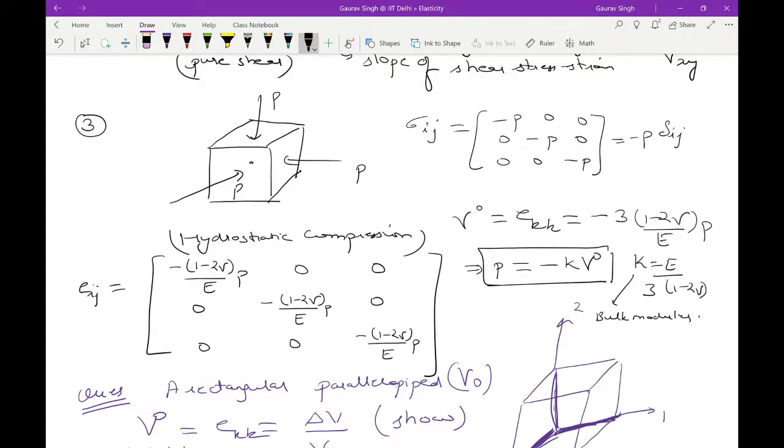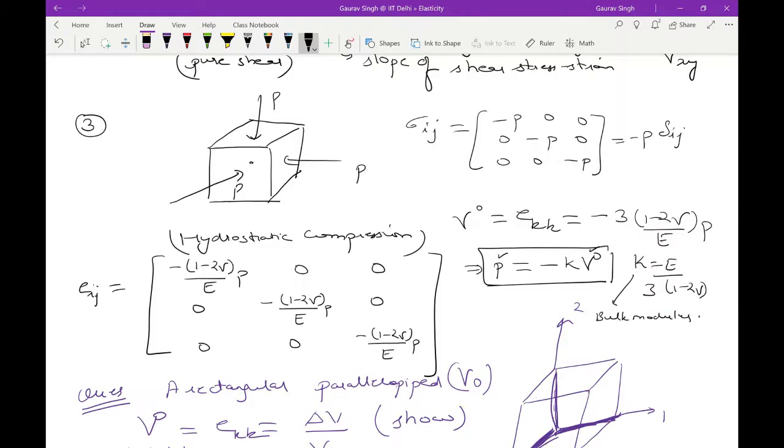So this is also a property which we require, and what you see is bulk modulus is somewhat of a negative ratio between the pressure applied in a hydrostatic compression and the dilatation. It also physically represents the ratio of the pressure to the dilatation.